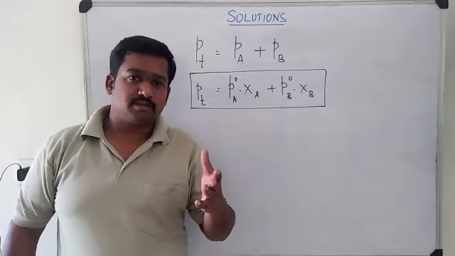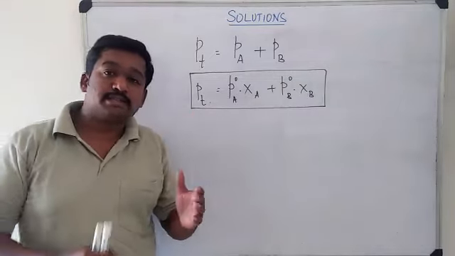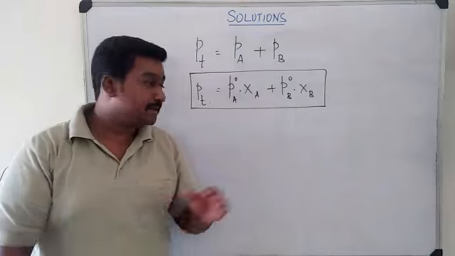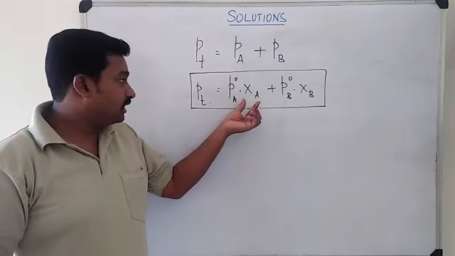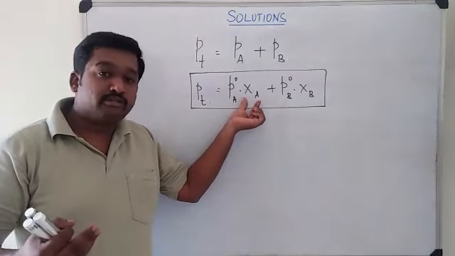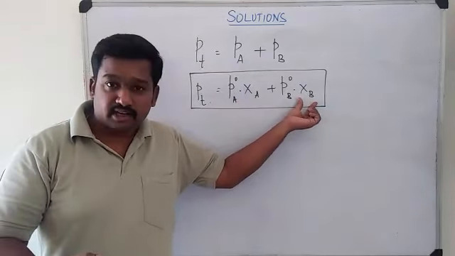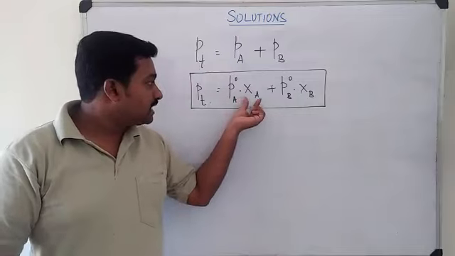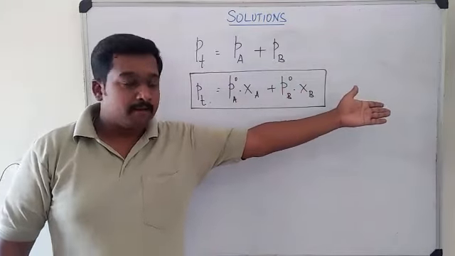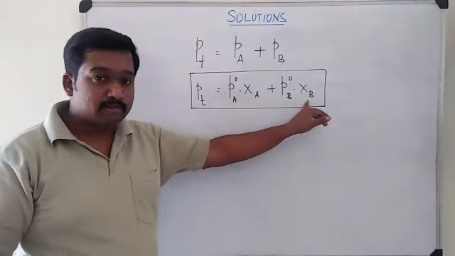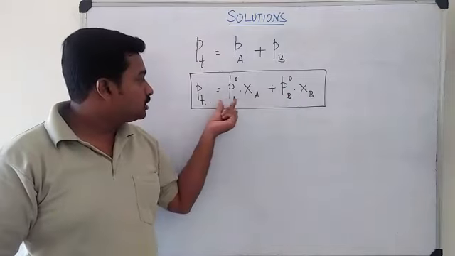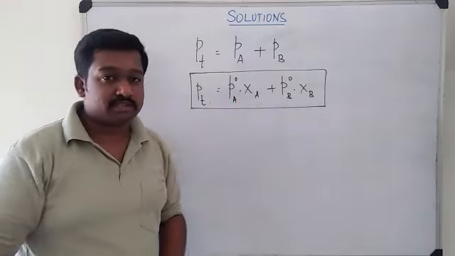You may come across many numerical problems asked in different competitive exams based on this equation, where they will provide you the mole fraction of one component, using which you may easily calculate the mole fraction of the other component, because you know very well X A plus X B is equal to 1. One of these two would be given and the other would be the question.